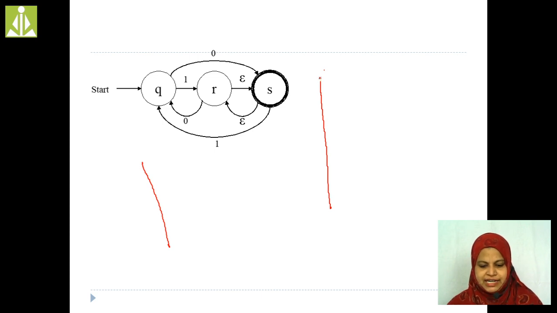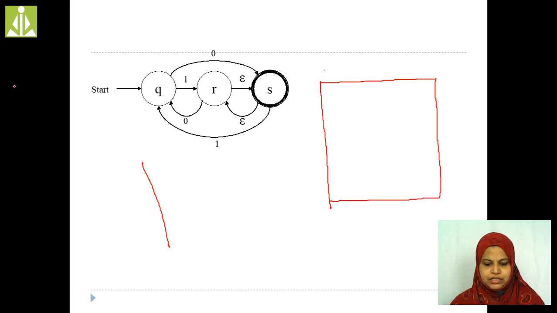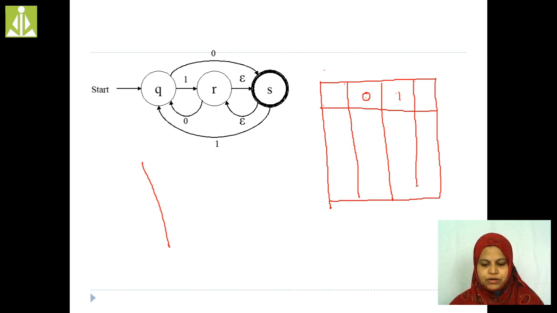How many input symbols are there? 0, 1, and one more input symbol, that is epsilon.